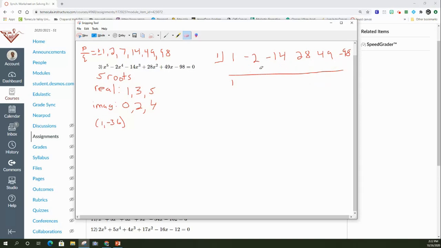And then I'll try -1. Negative 3, 3, negative 11, 11, 39, negative 39, 10, negative 10, so negative 108.